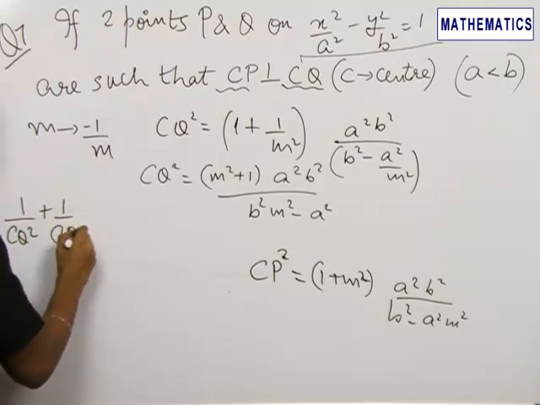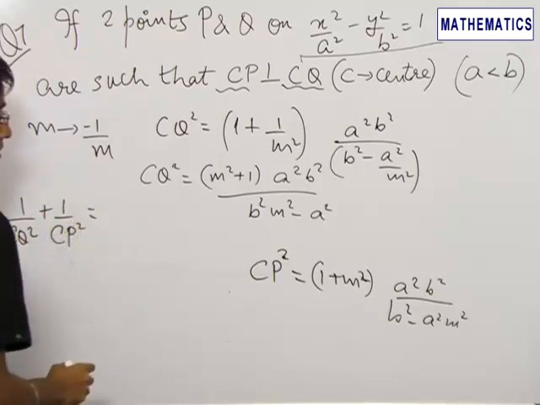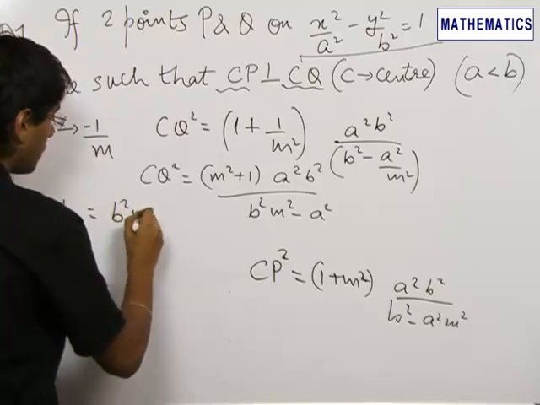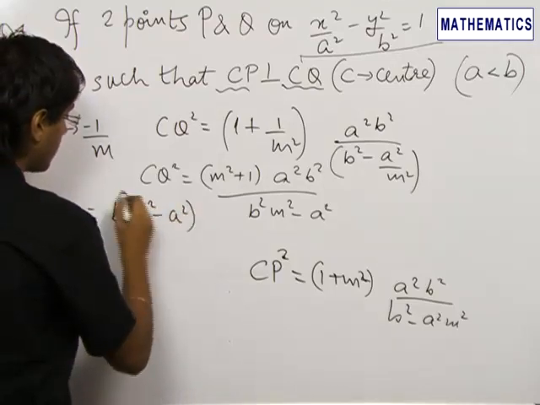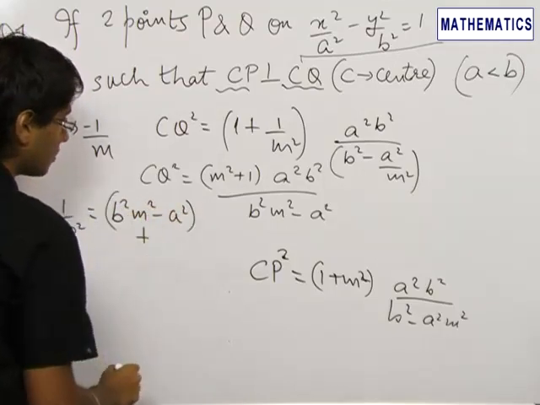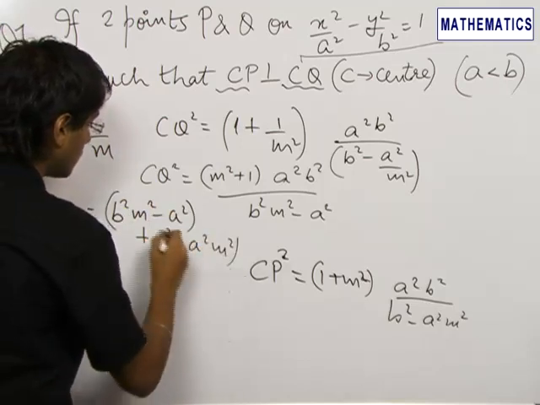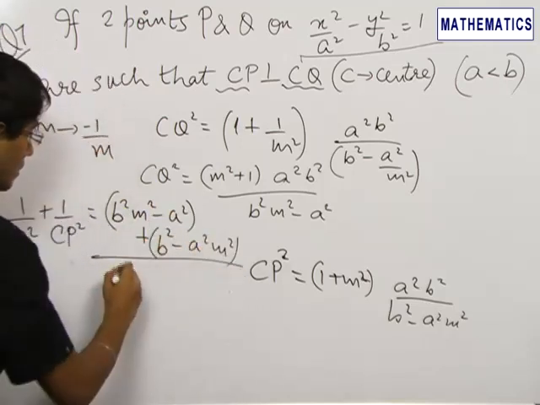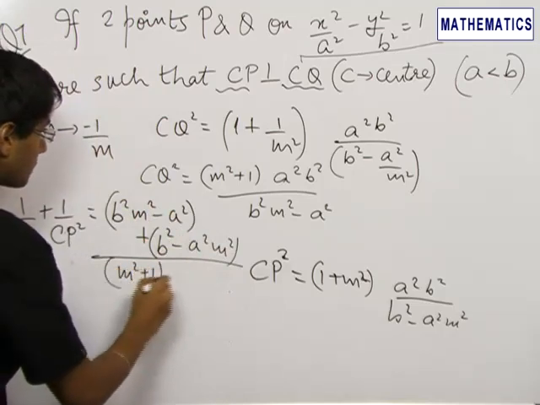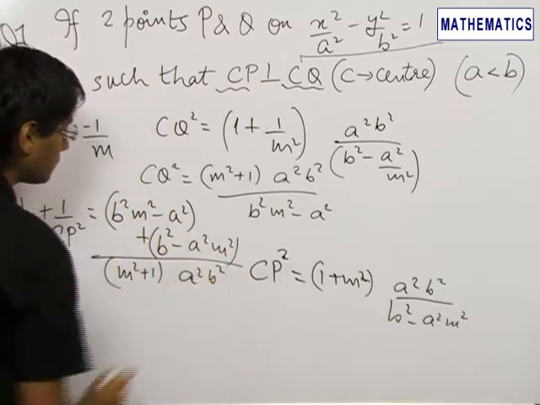Hence 1 upon CQ square plus 1 upon CP square becomes equal to b square m square minus a square plus b square minus a square m square whole upon m square plus 1 a square b square.